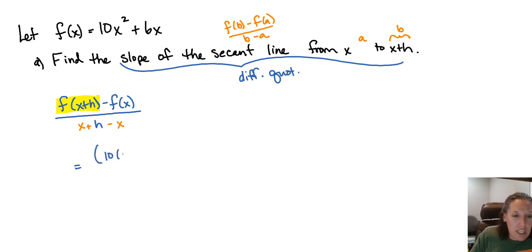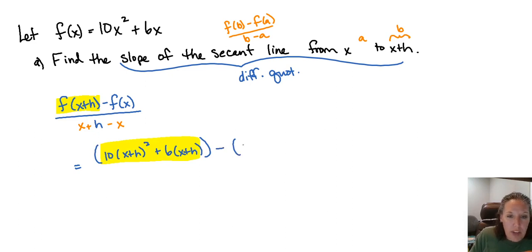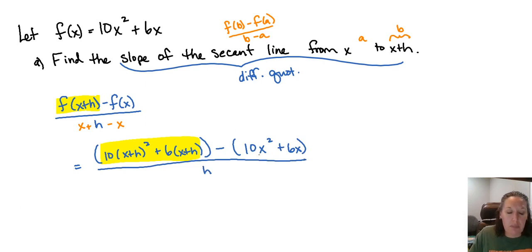So that's going to be 10 times x plus h squared plus 6 times x plus h. All of that is going to be our f of x plus h minus f of x. Well, f of x is exactly as the problem is given, 10x squared plus 6x. And we see that our denominator is going to simplify to just h.